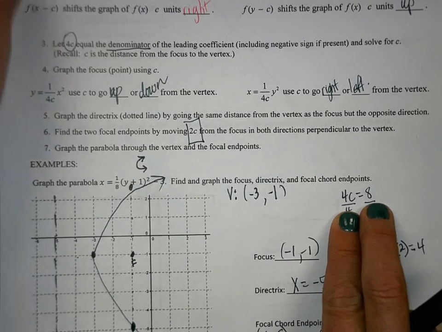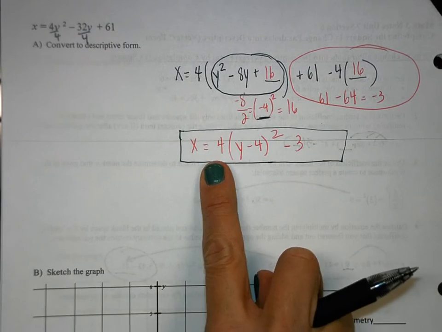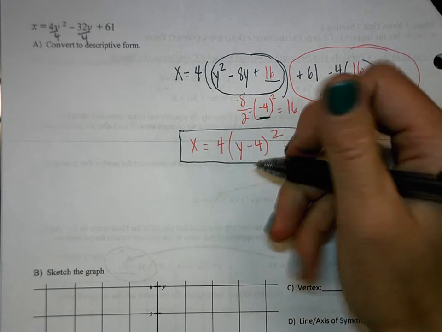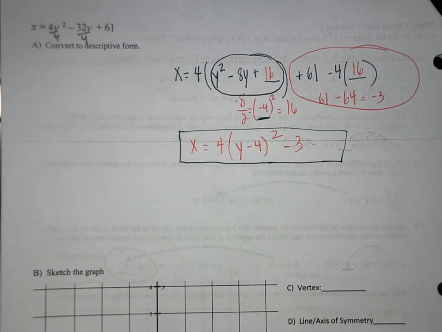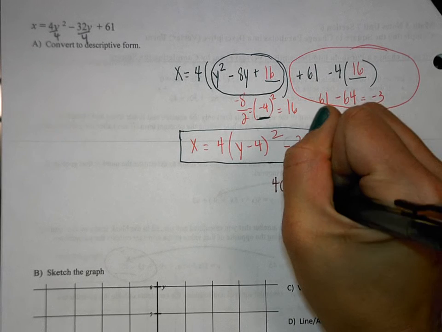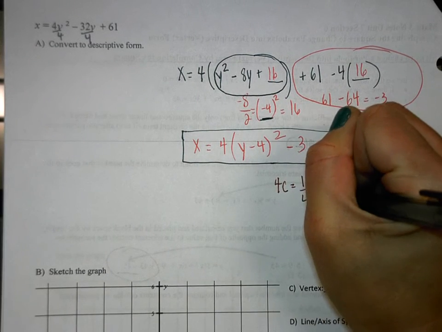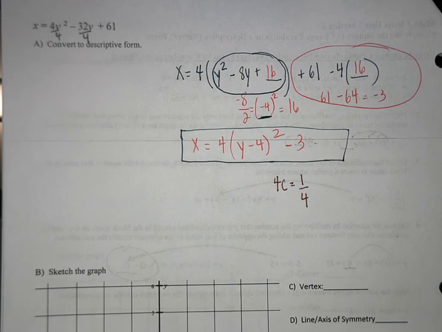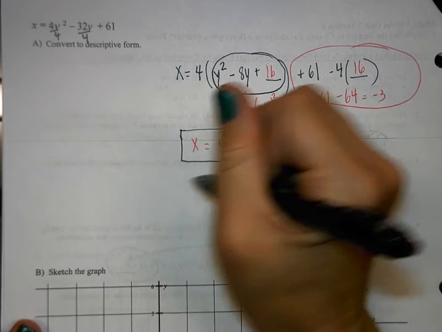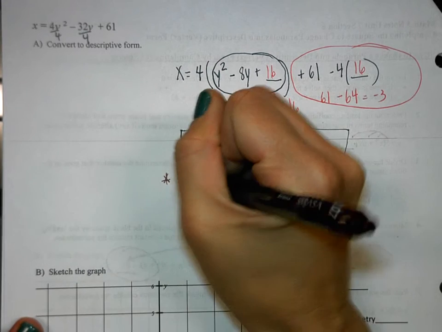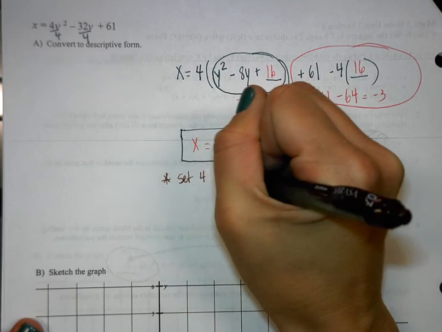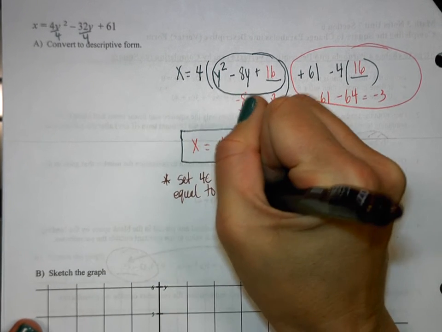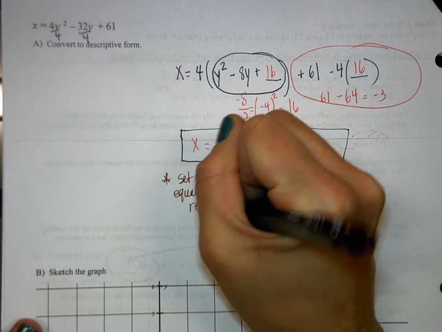So that means on this one, in order to find our c value, we would set 4c equal to what? 1/4. Exactly. 4c equals 1/4. Okay, and if we want to, let's make a note, and we put set 4c equal to the reciprocal, so that you can go back and look at that.